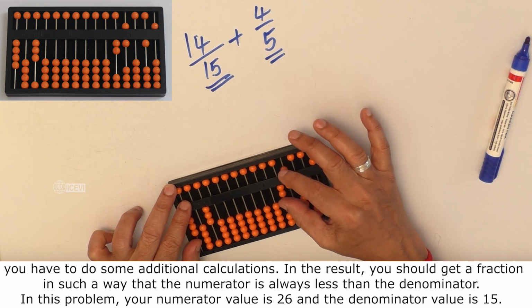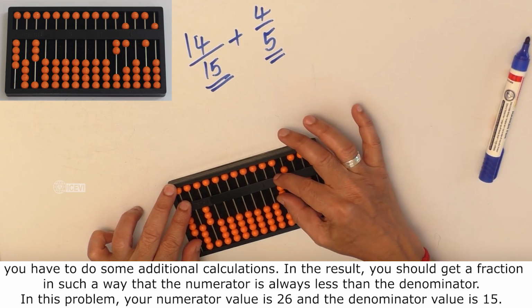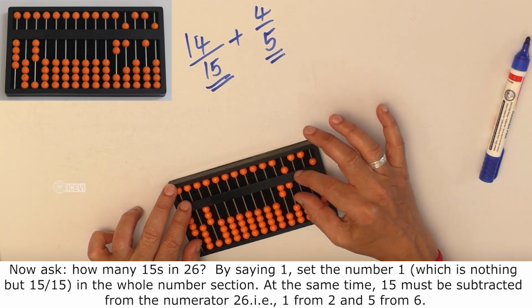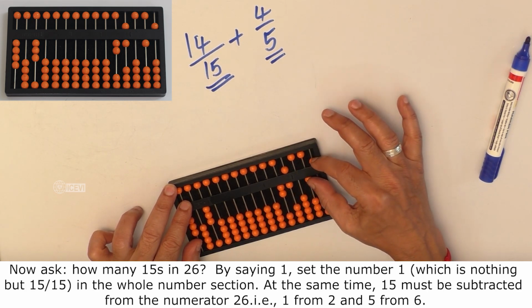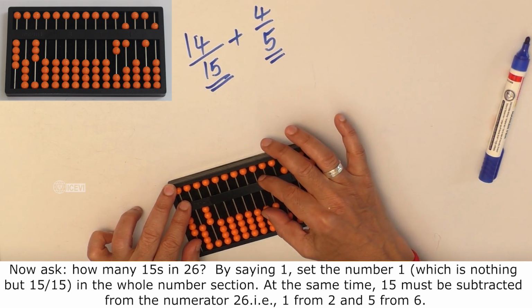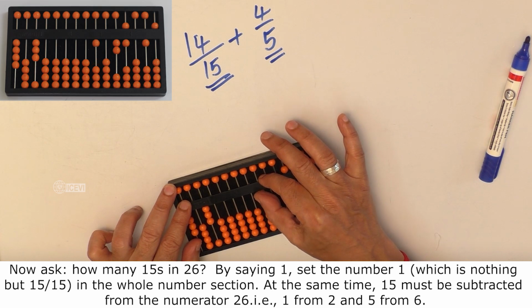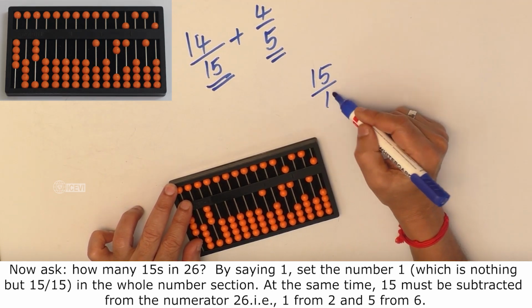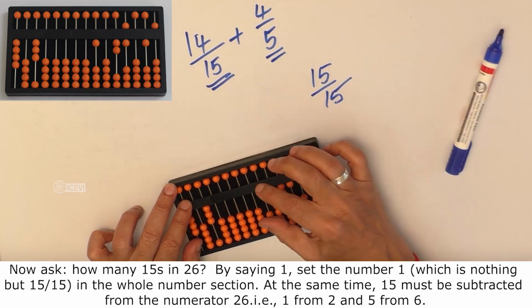In this problem, your numerator value is 26 and the denominator value is 15. Now ask, how many 15s in 26? By saying 1, set the number 1, which is nothing but 15 by 15 in the whole number section.